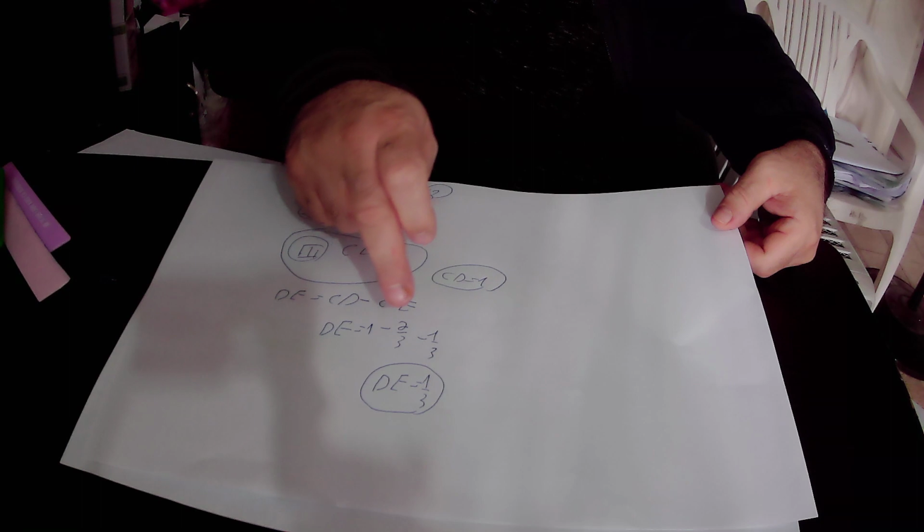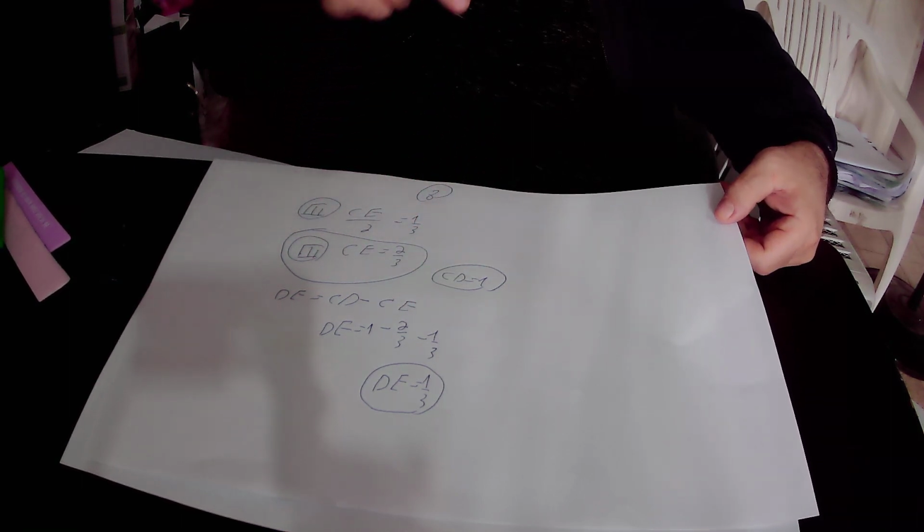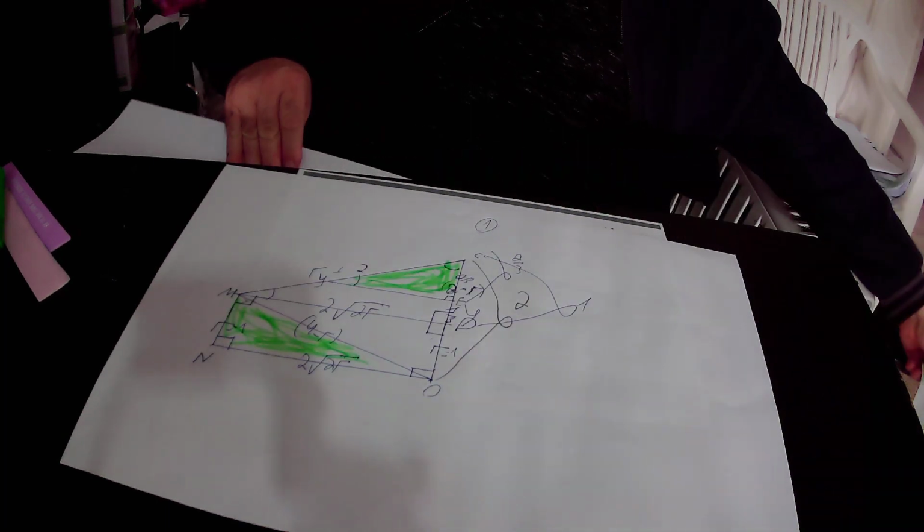We found that DE equals 1/3, CD equals 1, CE equals 2/3. Okay?